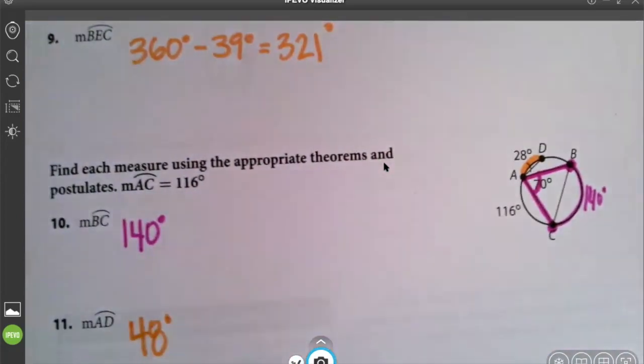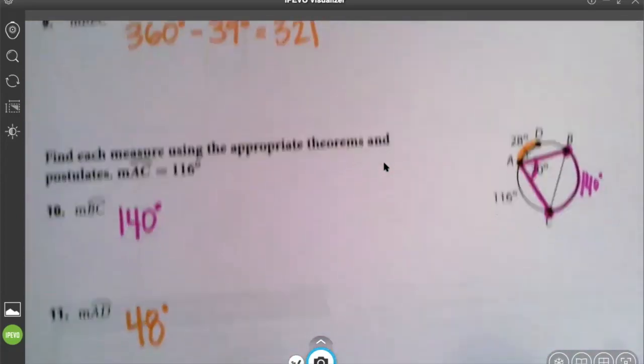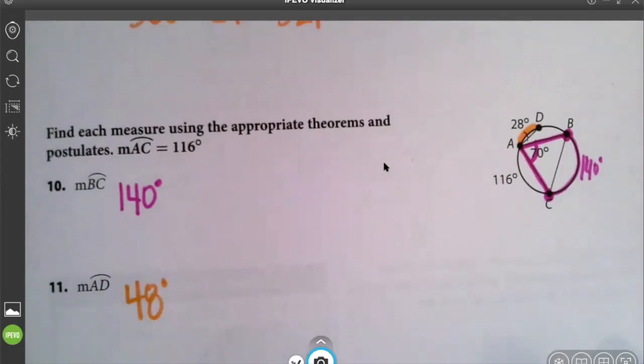So your answer should be 48 degrees for AD. Somebody want to tell me how we got 48?